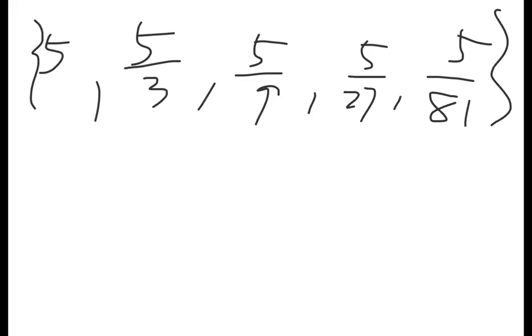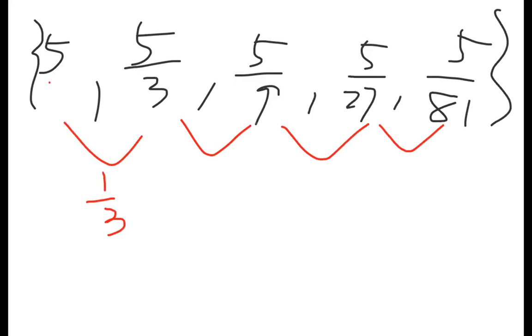So in this case, you notice that the ratio from the current term to the next term is the same as the next term to the next term. From 5 to 5 over 3, the ratio is 1 over 3. From 5 over 3 to 5 over 9 is also 1 over 3. So now you have a common ratio. This is a geometric sequence.